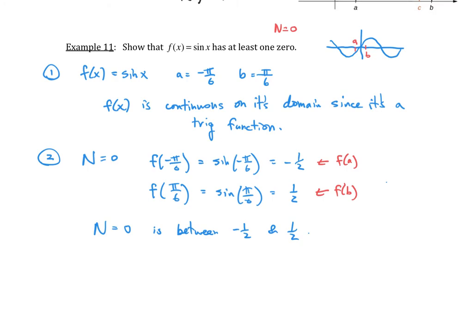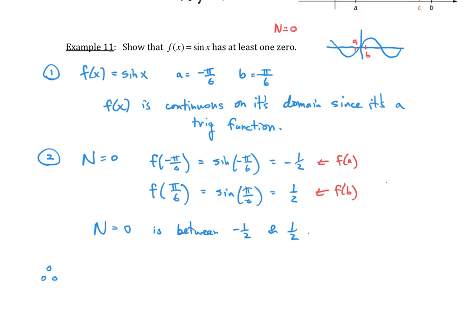So what have I just done? I've just shown that my function satisfies the two requirements of the intermediate value theorem. Namely, it's continuous on the closed interval from negative pi over 6 to positive pi over 6. And this number N is between the f of A and the f of B. So the conclusion I could draw, we're going to put 3 circles.